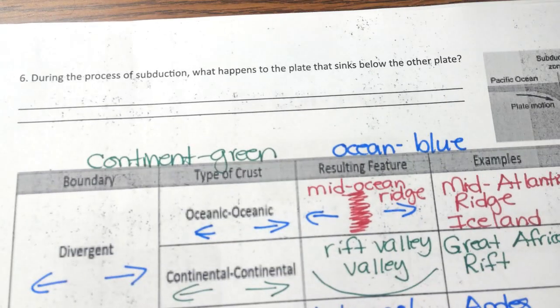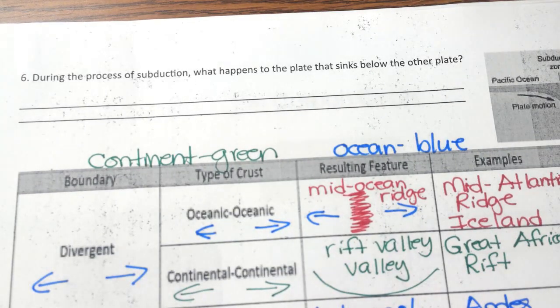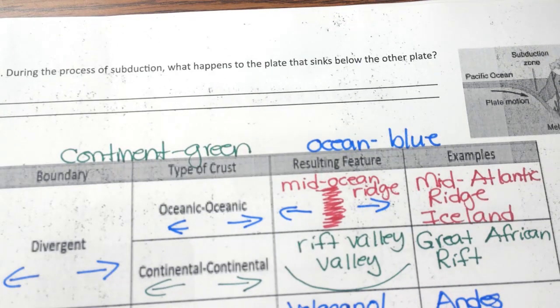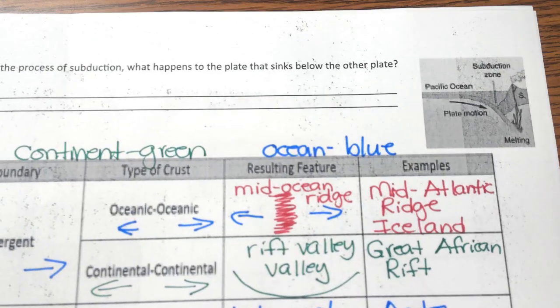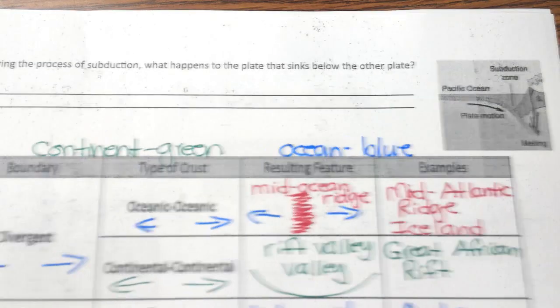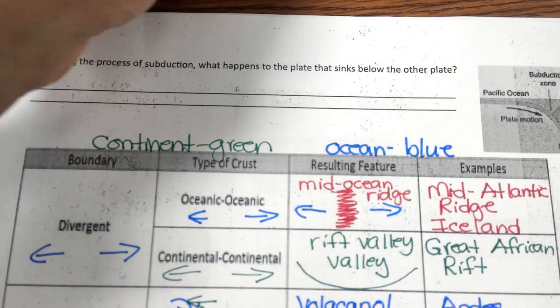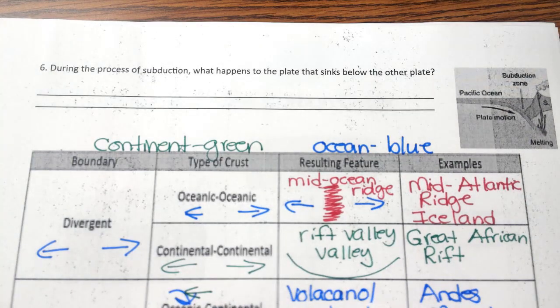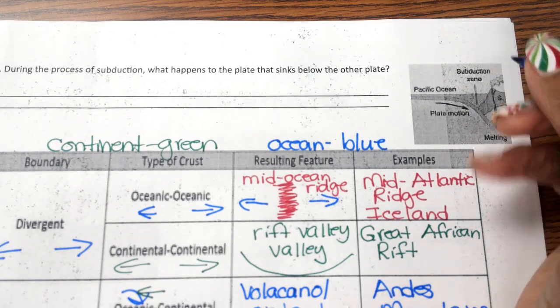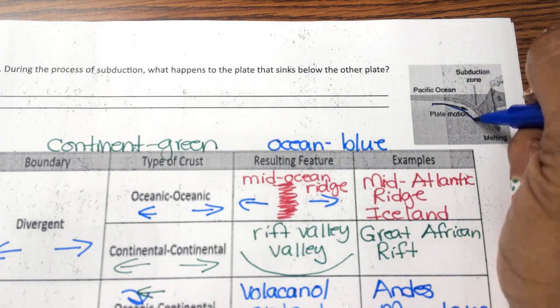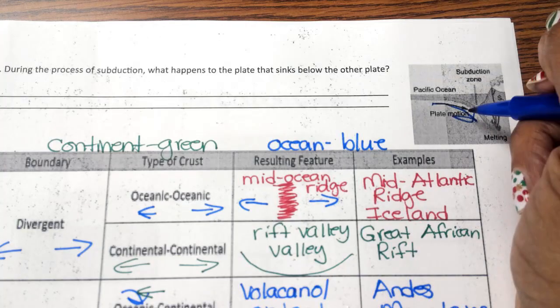So this is the last little bit of the plate tectonics review, and then we'll go into the carbon cycle. All right. So during the process of subduction, the question is asking what happens to the plate that sinks underneath the other. Well, you have this picture over here. You have one plate sinking underneath the other.